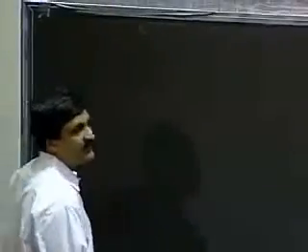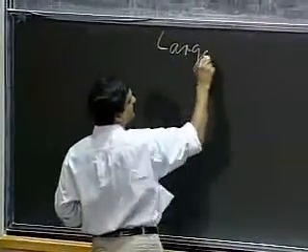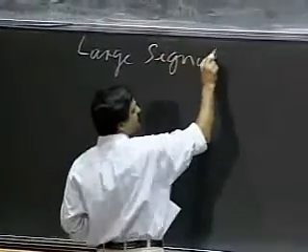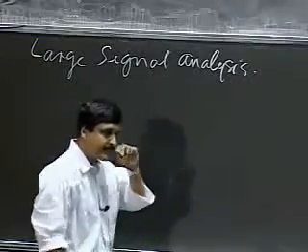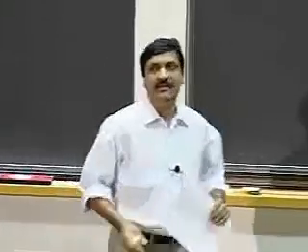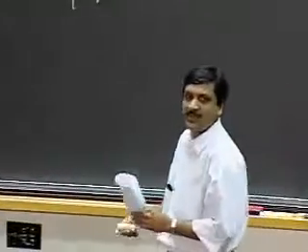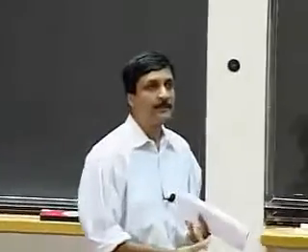So today, we shall cover a topic called large signal analysis. In the last couple of lectures, we looked at dependent sources abstractly, and then we looked at an amplifier built using a practical dependent source called the MOSFET.